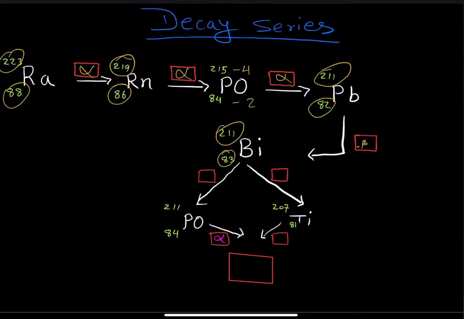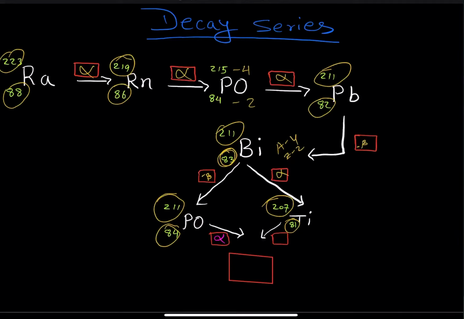Bi to Po: 211 is not going to change, 83 changed. 83 to 84, you added one, so it should be beta minus decay. What about here? You're going from 211 to 207, and from 83 to 81. There's a difference of A minus 4 and Z minus 2, so it should be alpha decay.